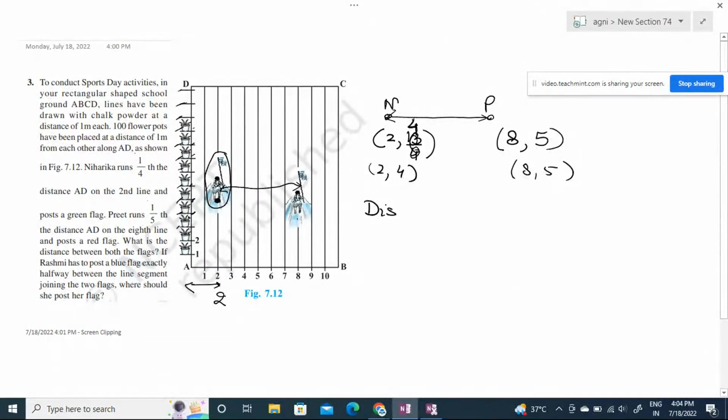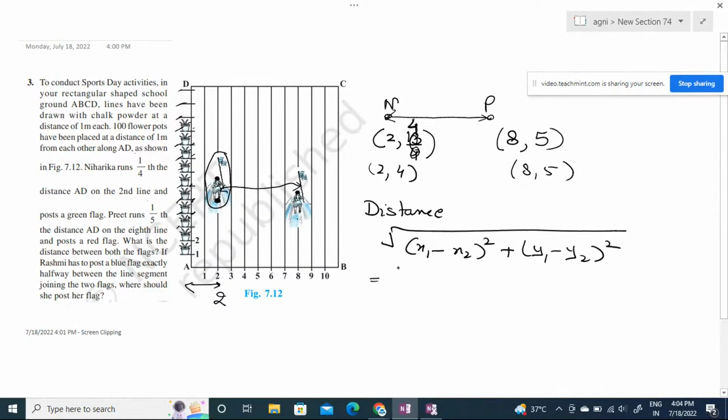Now we have the distance formula. Under root, x1 minus x2 whole square plus y1 minus y2 whole square. So it becomes 8 minus 2 whole square plus 5 minus 4 whole square.